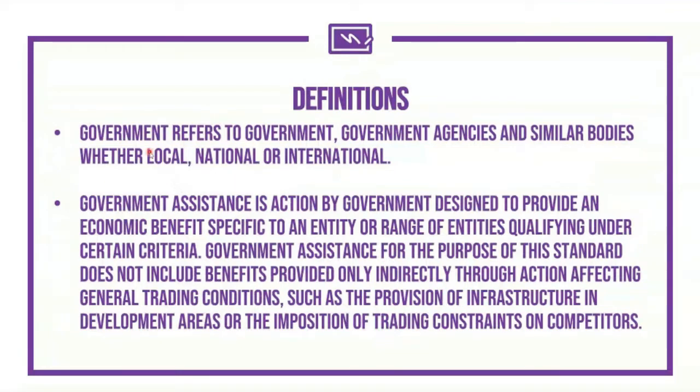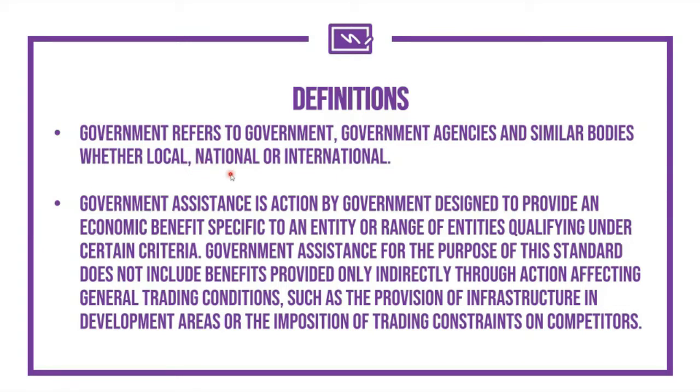So the first definition pertains to government. Government refers to government agencies, and other similar bodies, whether local, national, or international. So just like what I said, it is possible that the grants provided to the company is under the local government, meaning pertaining to the LGU, local government unit.